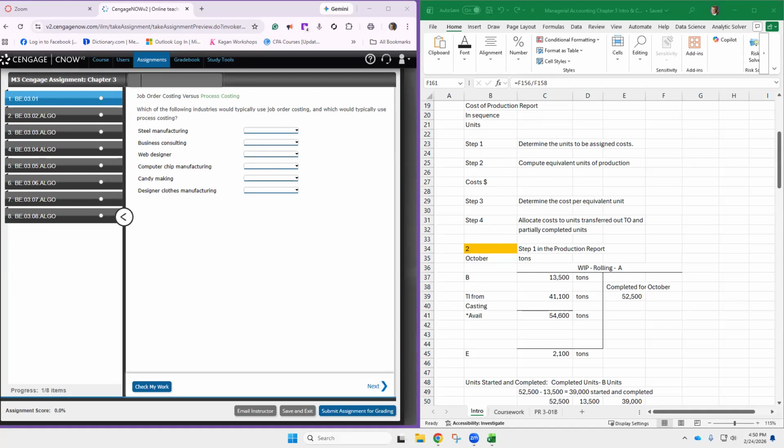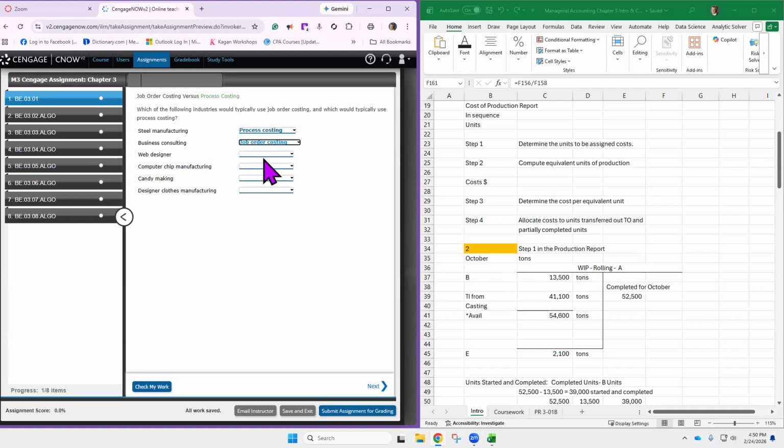All right. So process costing is usually for items that are mass produced, usually in assembly line or in large quantities. They're more homogeneous items, which means they're alike. So steel, for example, would be process costing. To go out to consult on a specific business, that's much more customized. It's much more unique.